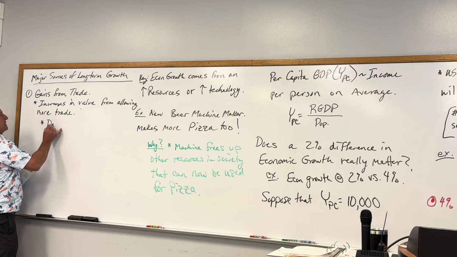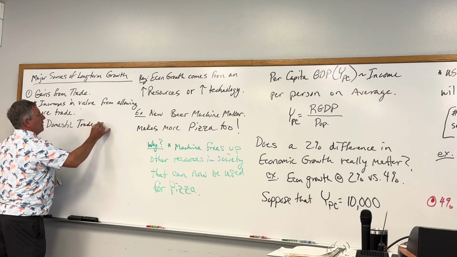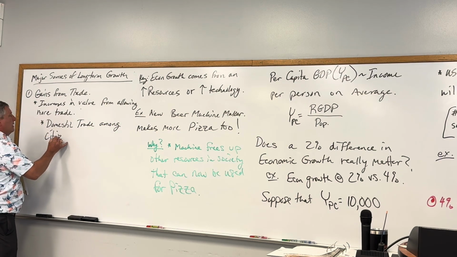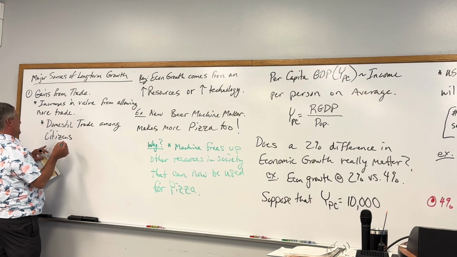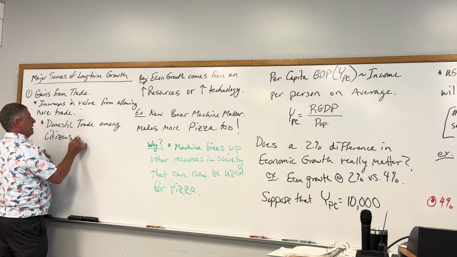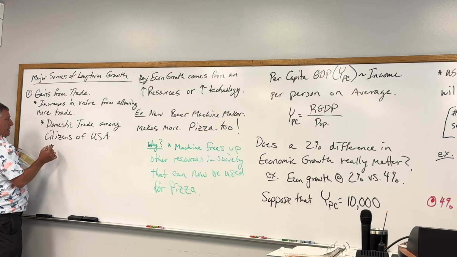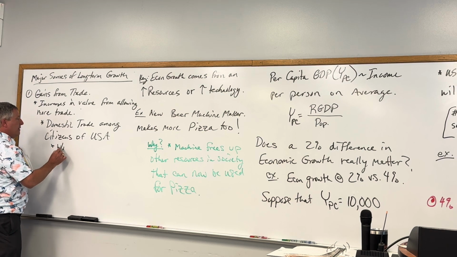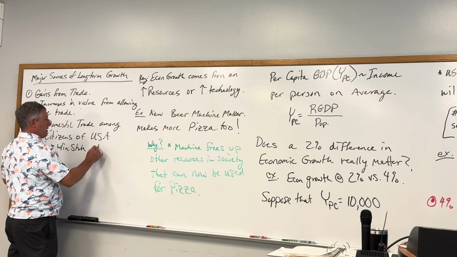So we have domestic trade among citizens. The population doesn't really matter who's in there, but let's just say among citizens of the USA. So we've got within your state, within the nation.